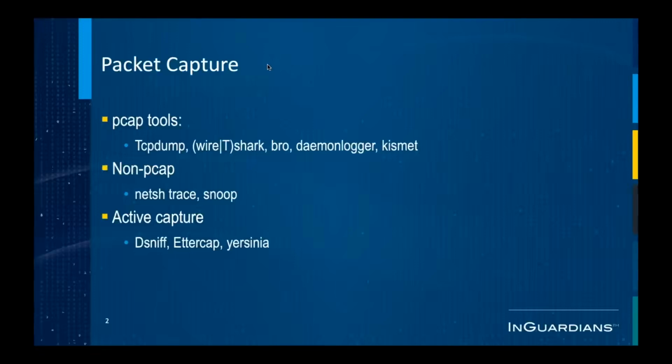Bro has a new name, but it's a wonderful tool to be able to go through captured packets, index, and log packets. It's really useful, for example, when you're on a pen test or on incident response. If you want to look for specific lookups, specific DNS requests, for example.